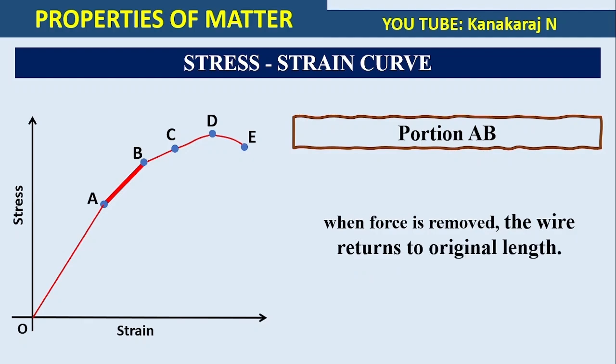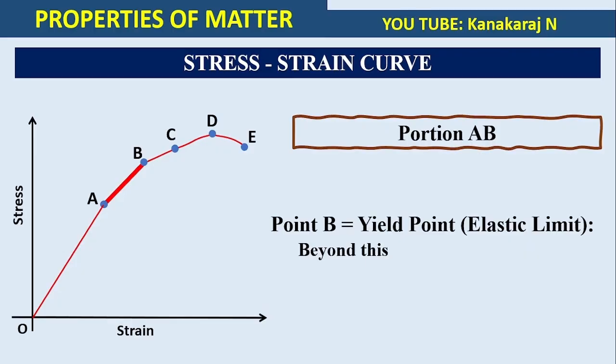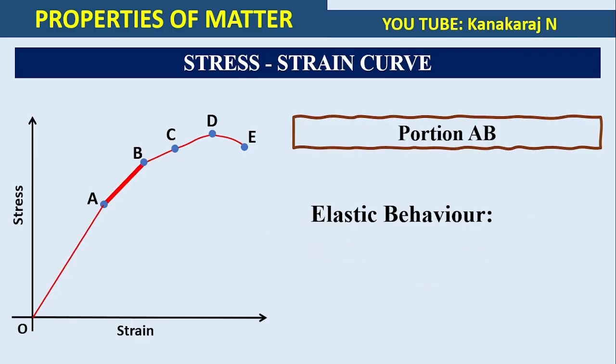So, the curve follows back its own path, finally it reaches the origin O. Point B is the yield point, that is the elastic limit. Beyond this, the wire does not fully recover. Elastic behavior is shown by the portion OAB in the stress-strain curve.